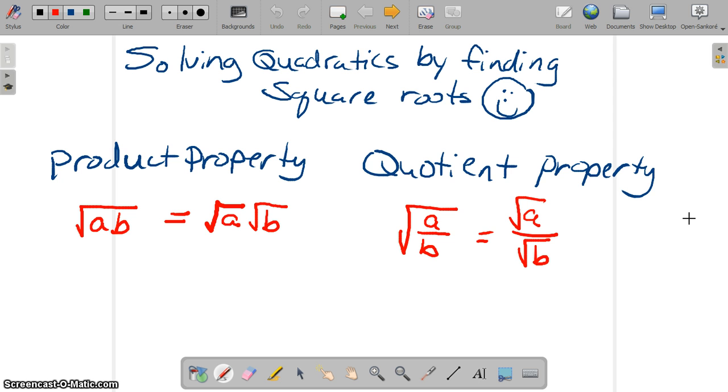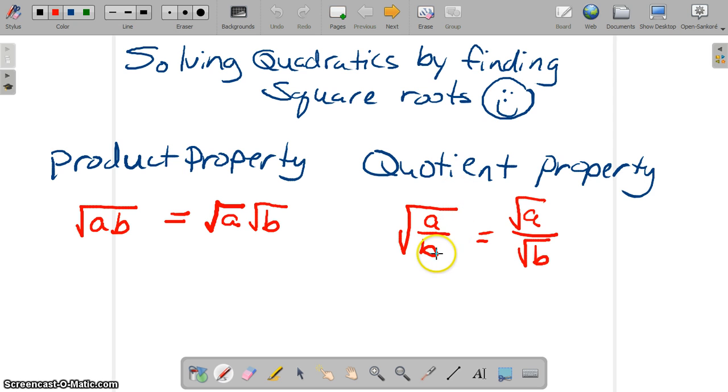So first off, in order to simplify these radicals that we're going to be messing around with while solving our quadratics, you have to know these two properties. They're very important. The product property and the quotient property. And basically what it's saying is, if you have two things multiplied underneath a radical, you can pull them out and separate them and have radical a times b is the same as radical a times radical b.